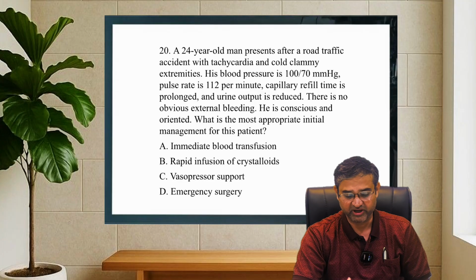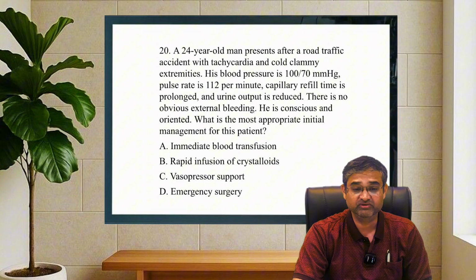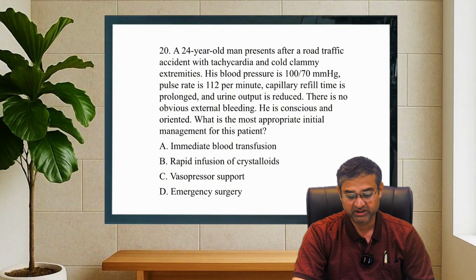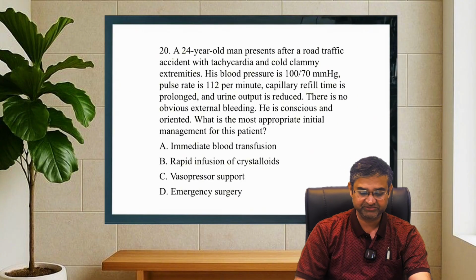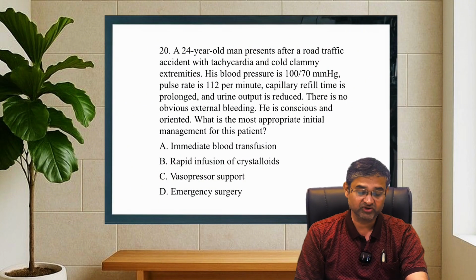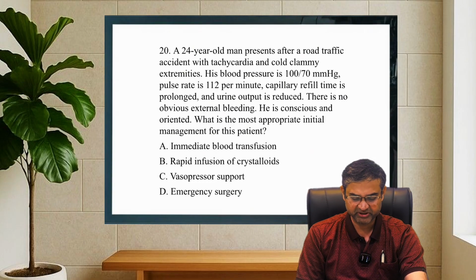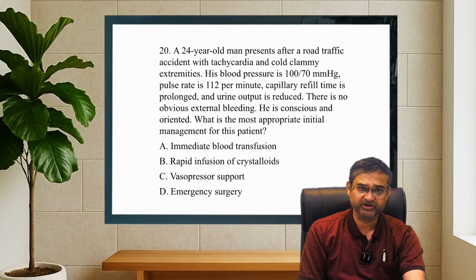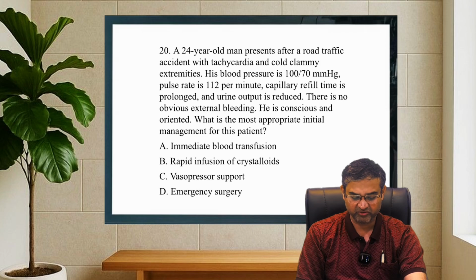How we diagnose hypovolemic shock is tachycardia, cold clammy extremities, borderline blood pressure, decreased urine output, and preserved consciousness. The initial treatment we start with is rapid volume replacement, and crystalloids are the most preferred, that is RL or normal saline.